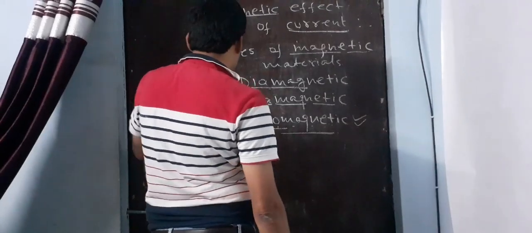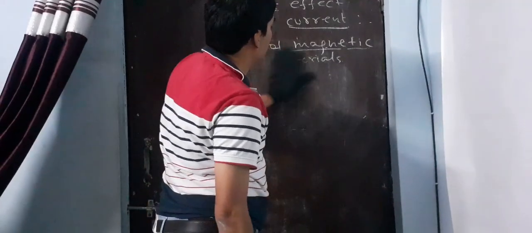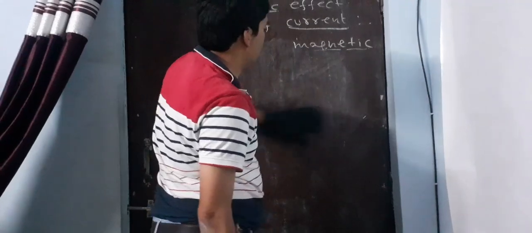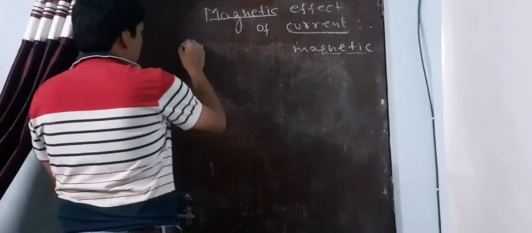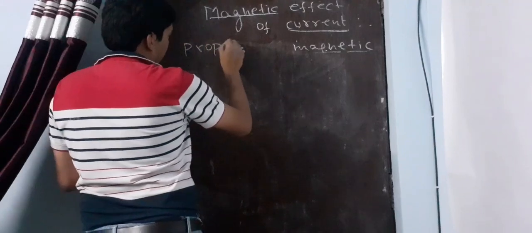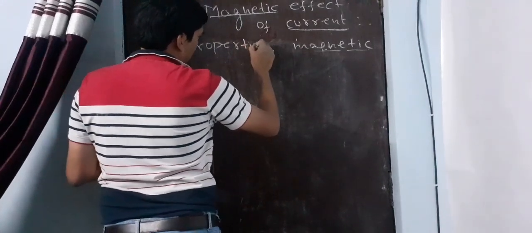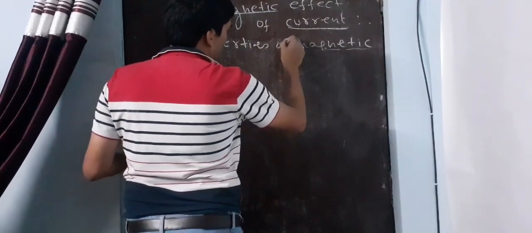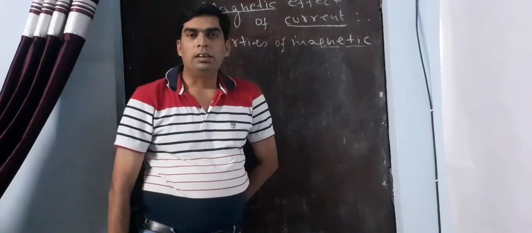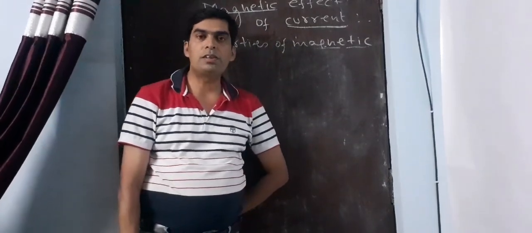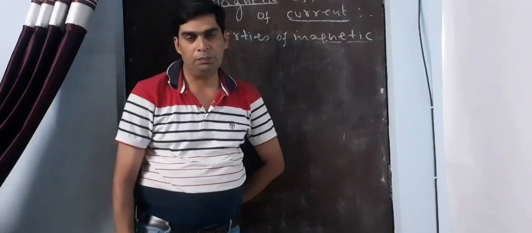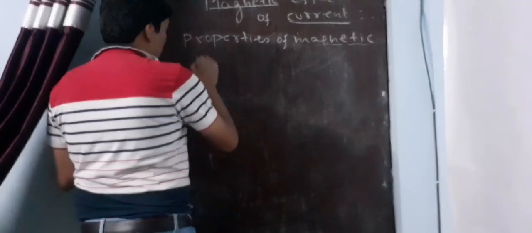Now we'll move to the properties of magnetic poles. Already we have discussed that a magnet has two types of pole, north pole and south pole. There are two properties also.